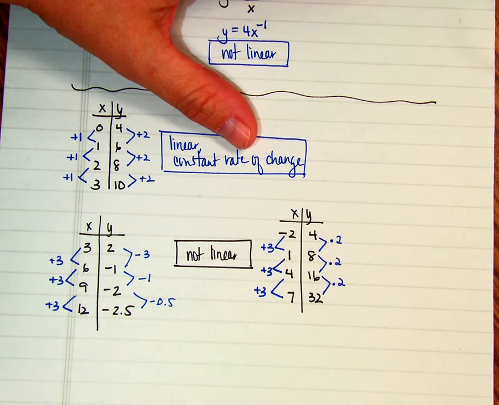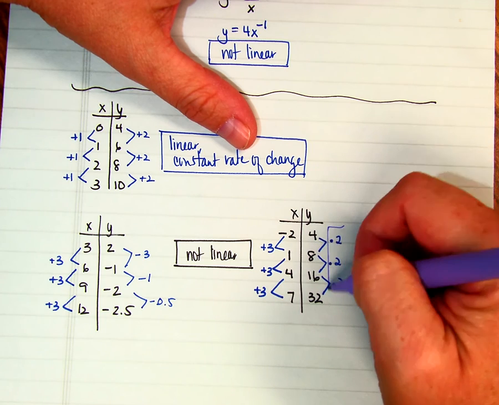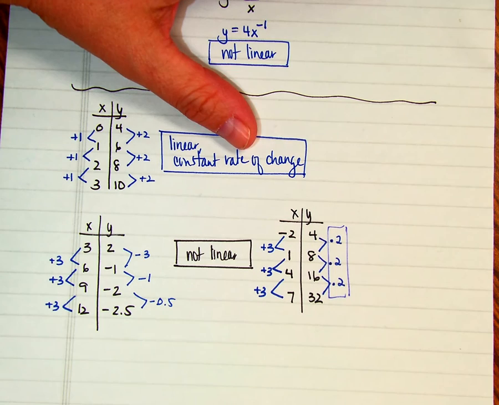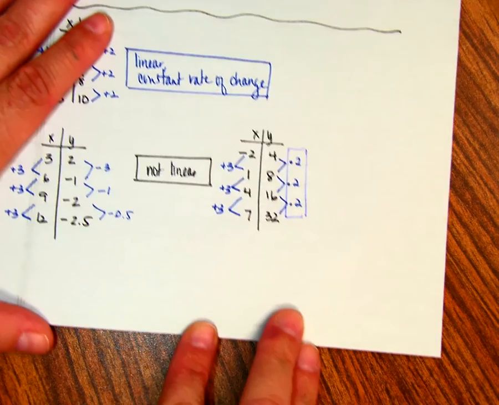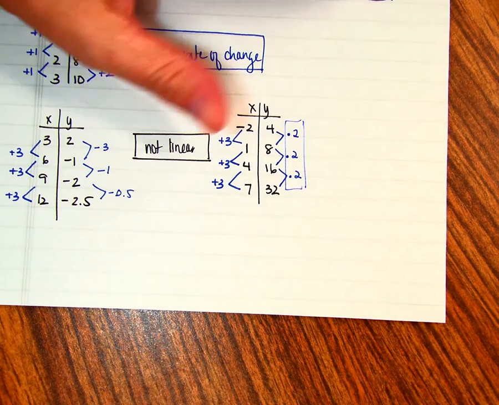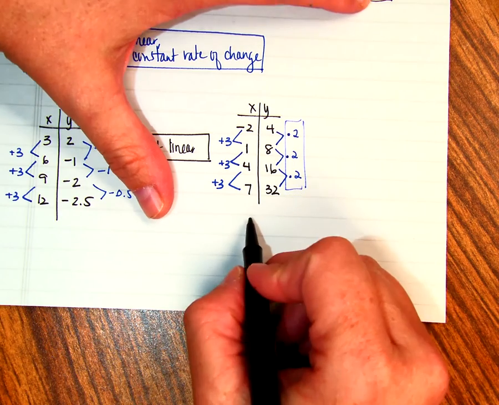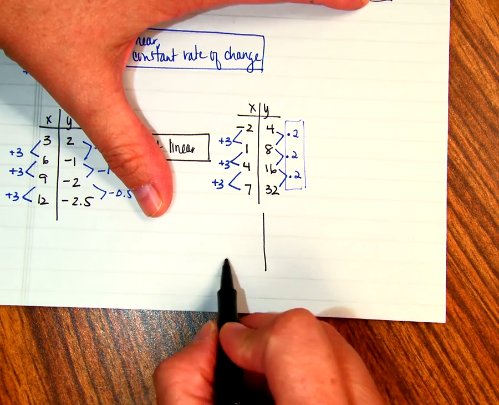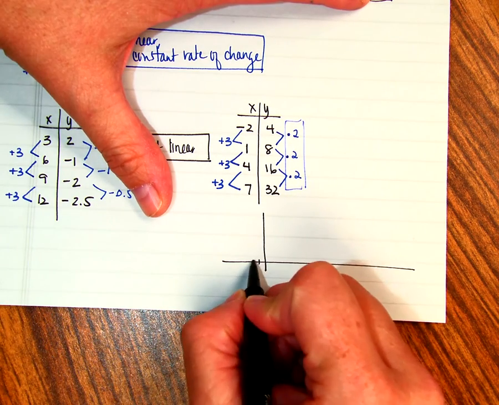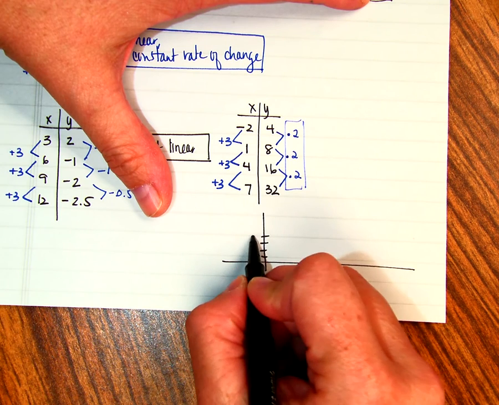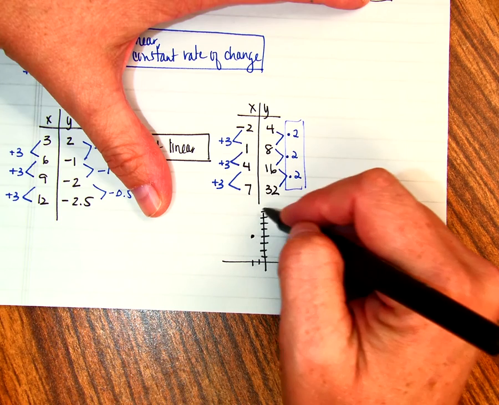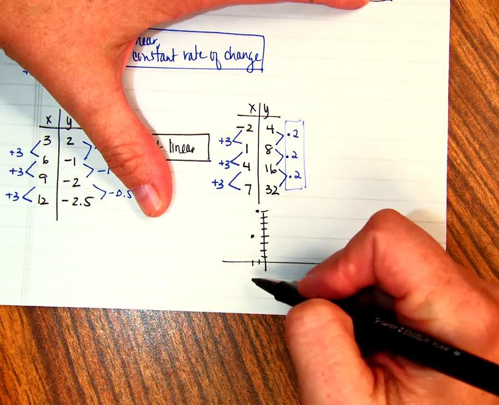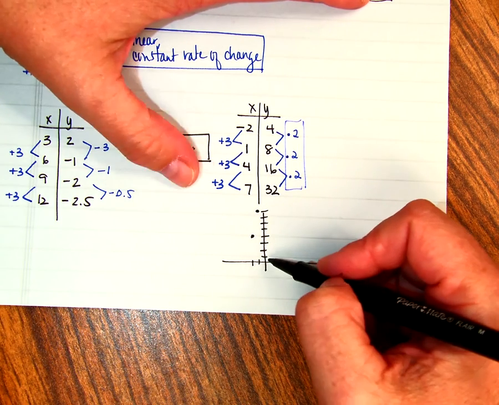even though this is the same number, if I were to graph this, you would not get a line. Let's sketch this out real quick. Negative 2 and 4. 1 and 8. 4 and 16.